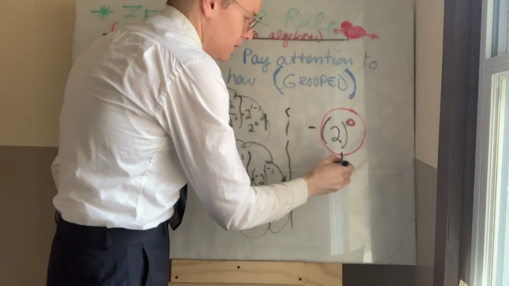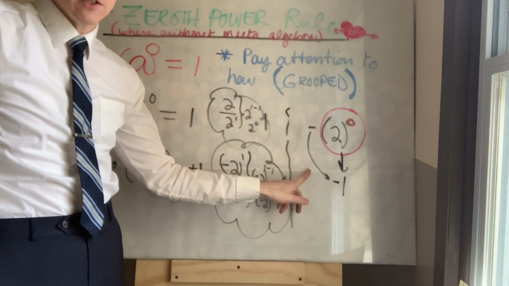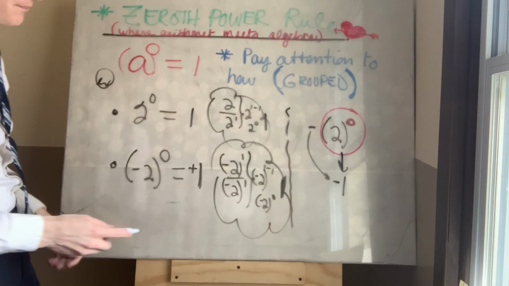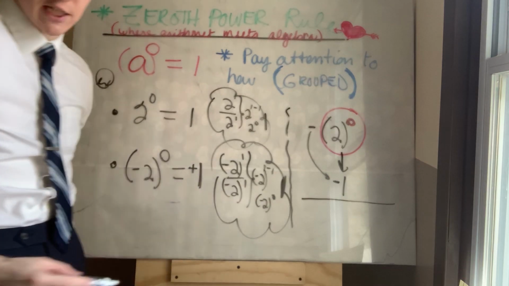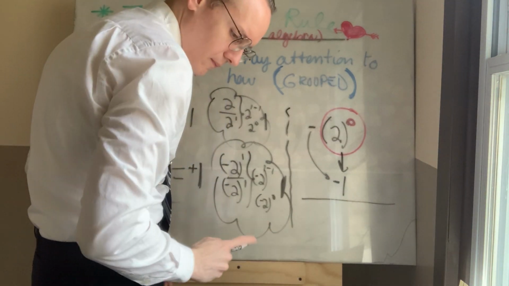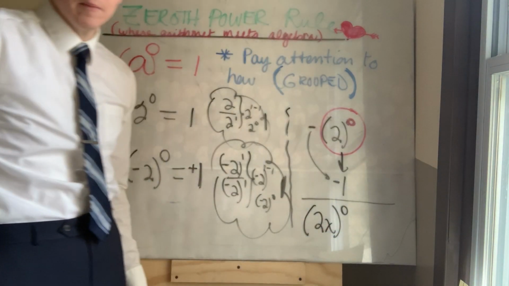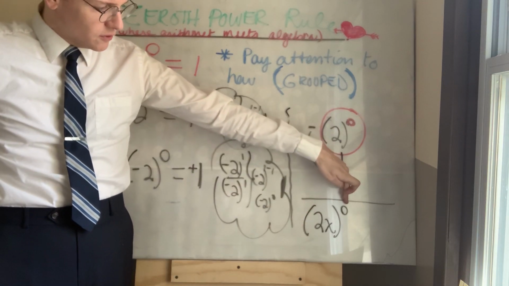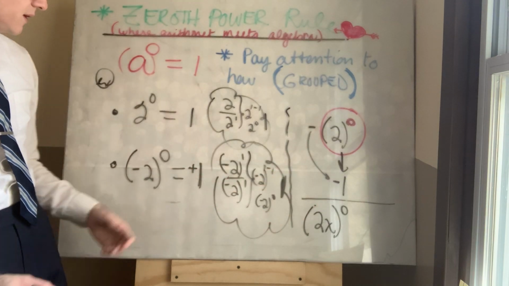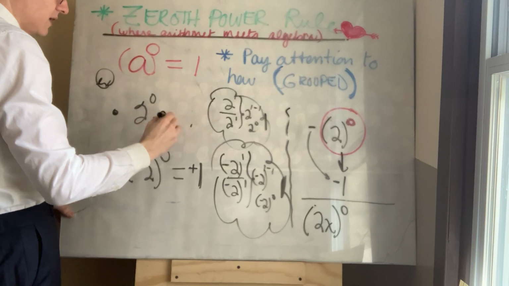So although this might be 1 itself, you have to remember to attach the negative as an afterthought. And this is also true if you have letters attached somehow. I don't think your book has too many of these, but if you had some variable, an algebraic expression like this, if the 0 were applied to both the x and to the 2, both of them would be this situation. The 2 would be that, the x would be that.